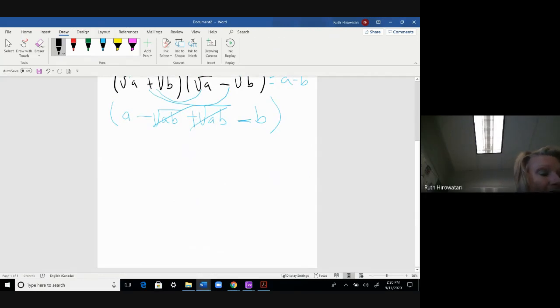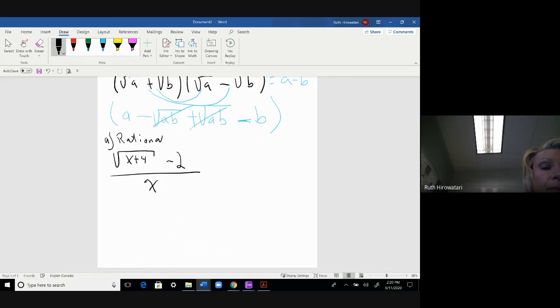So if you're asked to rationalize this numerator, you've got the square root of x plus 4, and that 4 is inside that root, minus 2 all over x. Example A, rationalize the numerator. You multiply by the conjugate of the numerator.